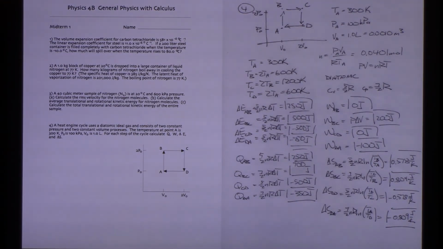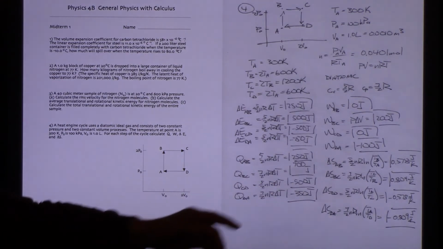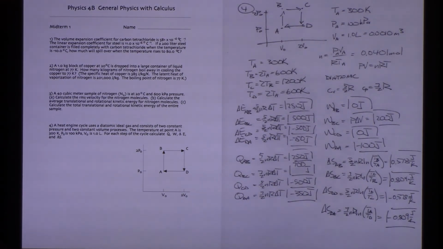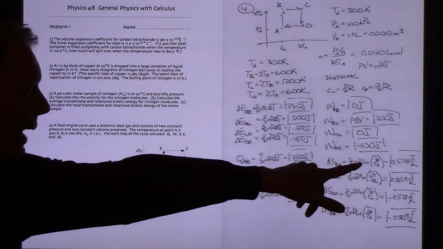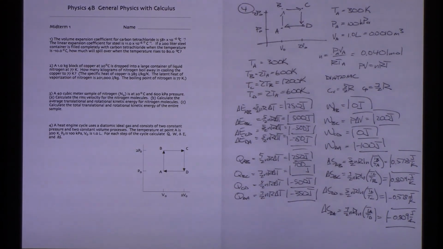So again, go back to the entropy formula, which is dQ over T. And from that, you can see that the T's have been factored out here, but in their place we have dT over T, which ends up leaving us with a logarithm of T.